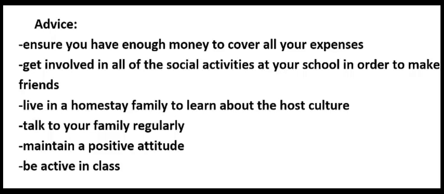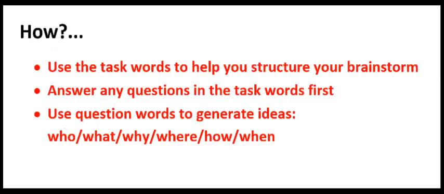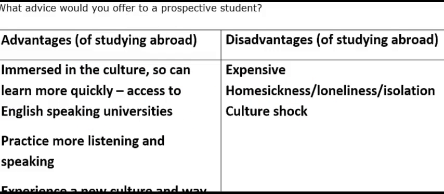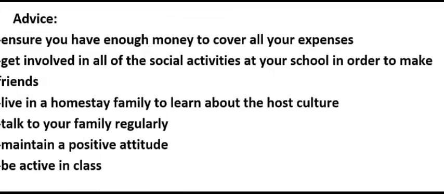So, to look at what we've done, we use the task words to help us structure our brainstorm. The first part of the question we separated into the advantages and disadvantages. And to address the second part of the question, the task words, we made a list of advice for a prospective student.